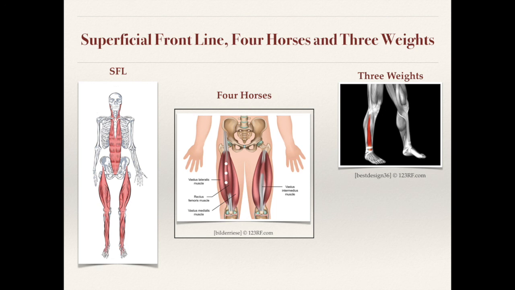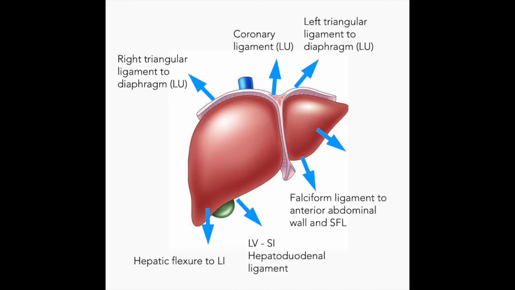So this can help us to better understand why points on the superficial front line, like the 4 horses and the 3 weights, can be used for liver disharmonies because of this fascial relationship from the liver through this falciform ligament and then to the anterior abdominal wall.